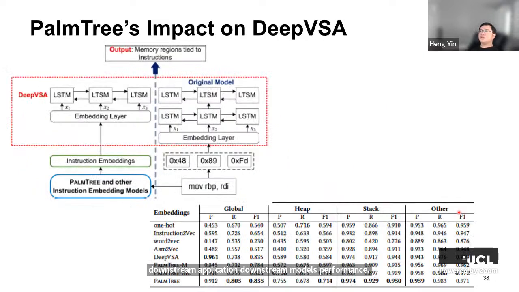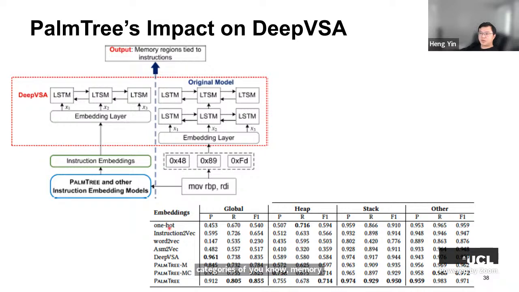So this is another downstream task called DeepVSA, for coarse-grained value set analysis. We can see a similar trend: by replacing this input layer with our instruction embedding, the PalmTree, here in the last row, we can see that it performs consistently well in different categories of memory regions.